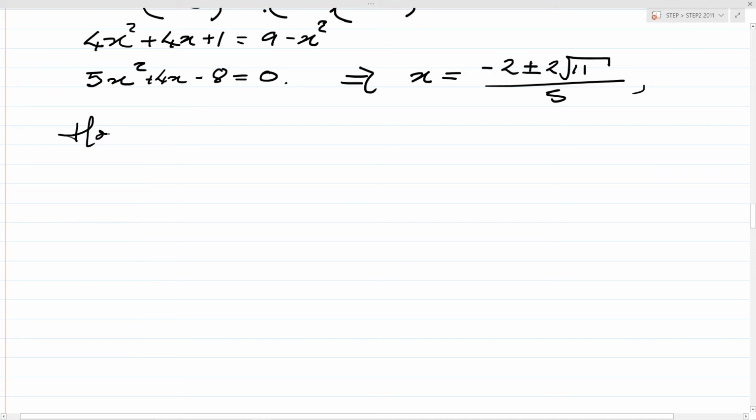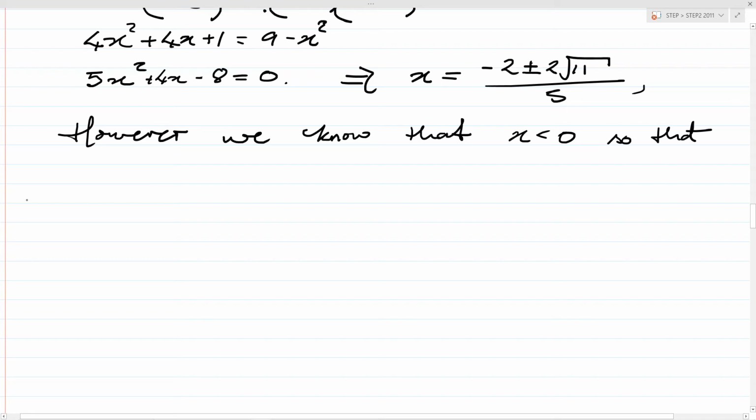However, we know that x is less than 0, so that x is equal to negative 2 subtract 2 root 11 over 5 is the required solution.